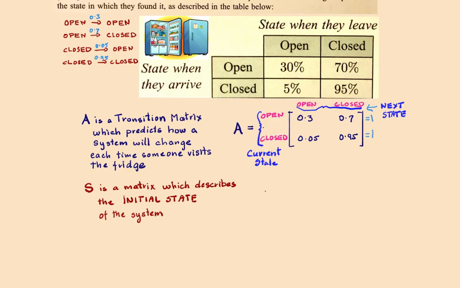So our S matrix can be written as 0.1 open, and therefore 90% of the time it is closed. That is our initial description of the state of the system. And we can put a little 0 over here to show that this is the initial state.